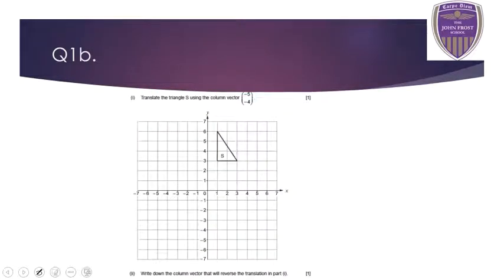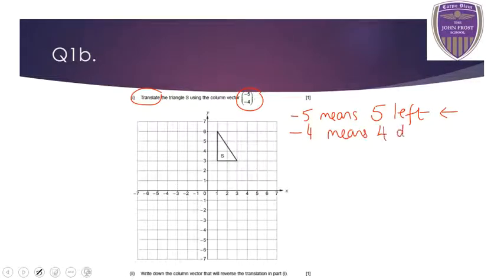For question 1B, again, it's a transformation, but it's a translation in the vector -5, -4. Now, the -5 means 5 left, or in that direction, and the -4 means 4 down.